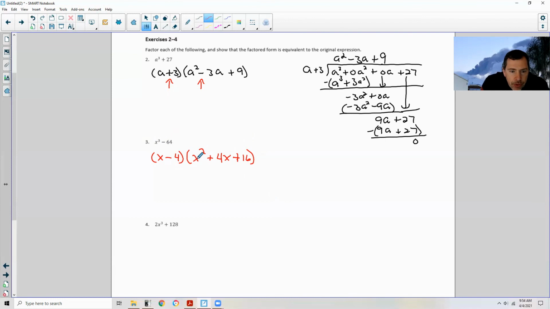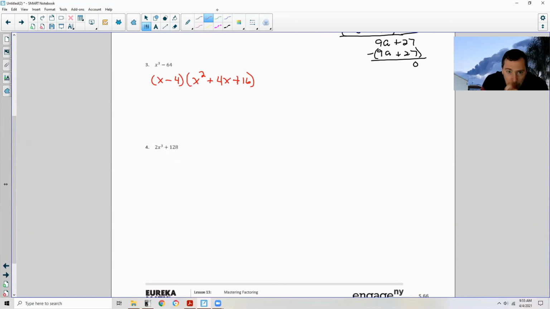We're going to get minus 4x squared here. We're going to get minus 16x, but we got a plus 16x from this. So if I distributed that, it will become this. So minus first term squared plus first times second term plus last term being this one squared.